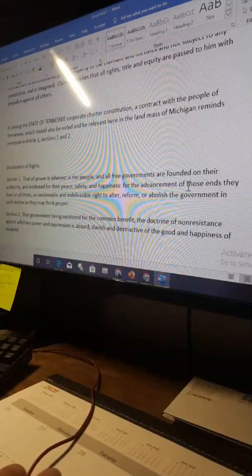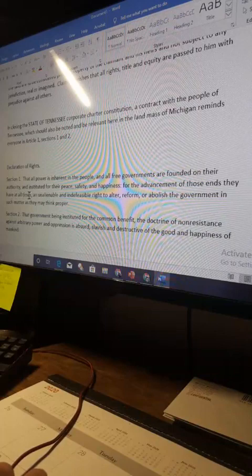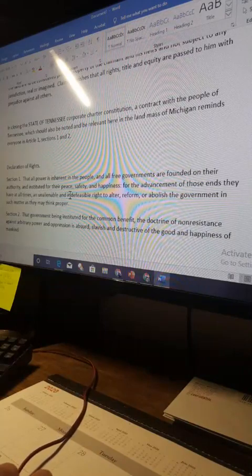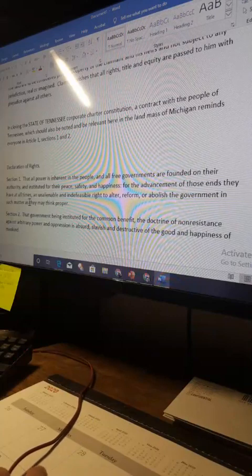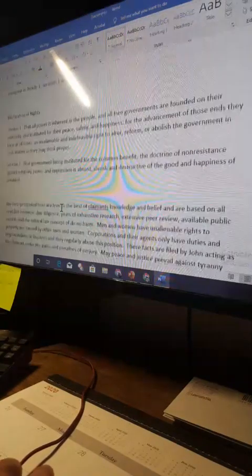For the advancement of those ends, they have at all times an unalienable and indefeasible right to alter, reform, or abolish the government in such manner as they may think proper.